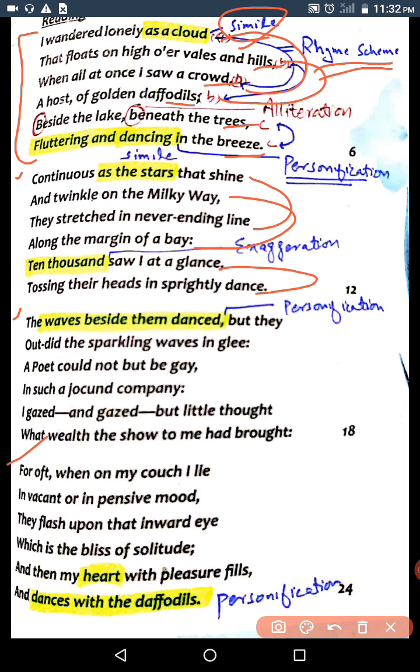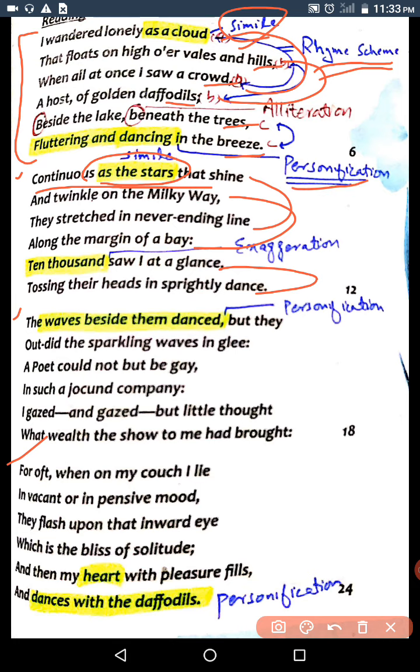I was roaming like a cloud. So this is involved here. Similarly, in this line we are having a simile, continuous as the stars. How? They were in an endless number, like stars in the sky. So these daffodils were also like those stars in an endless number. You cannot count them. So that is simile.